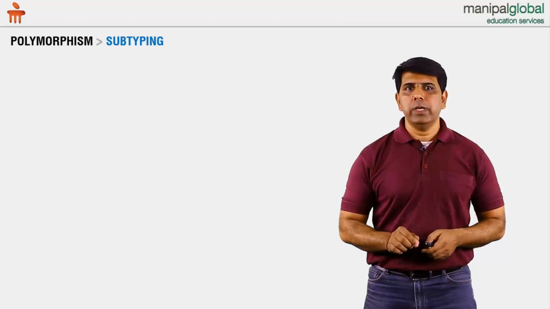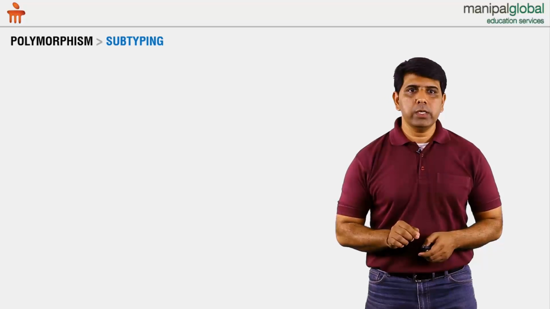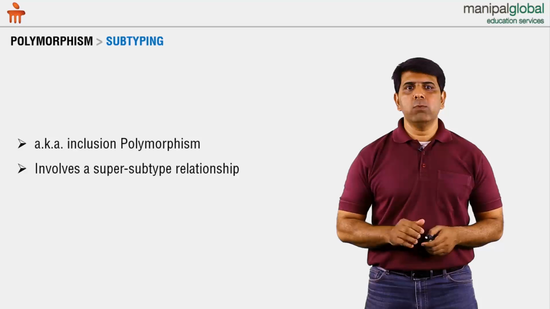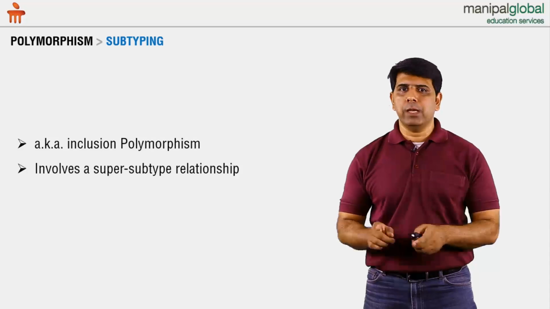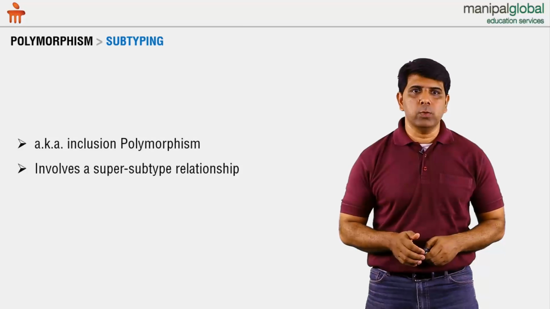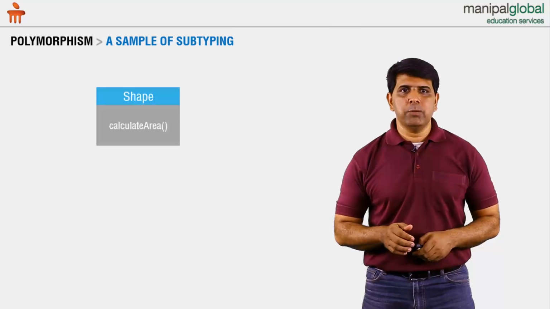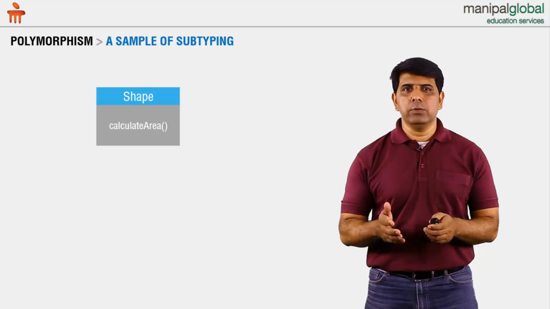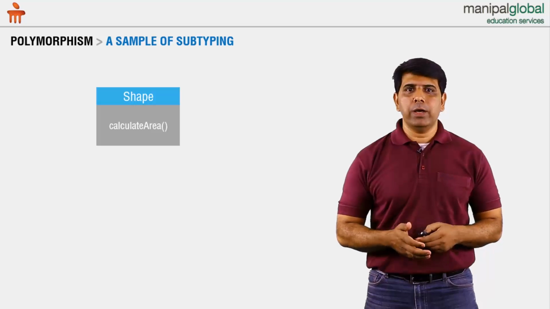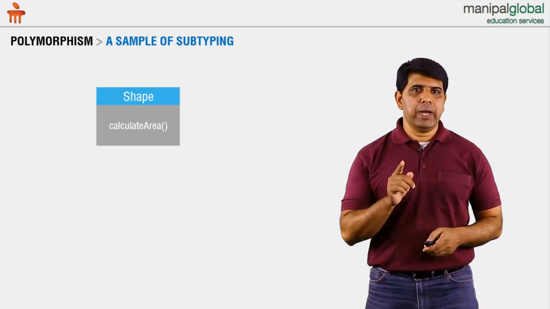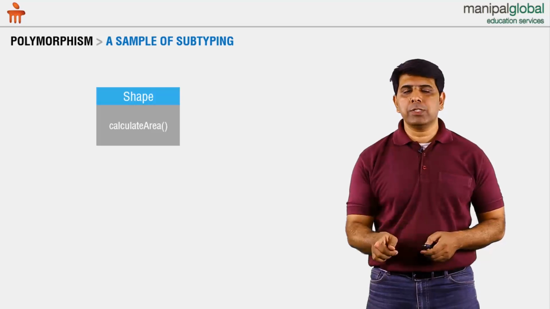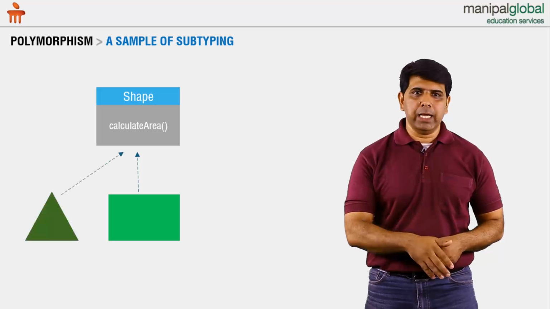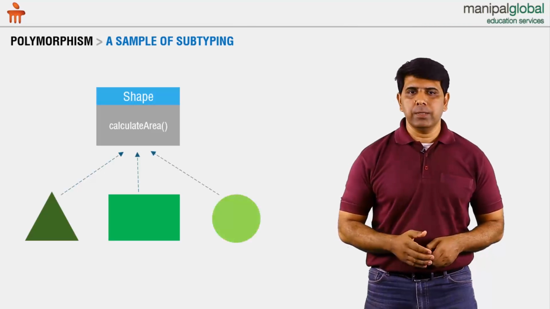The third type is subtyping. Here it's also known as inclusion polymorphism. It involves a supertype-subtype relationship. Without this, it is not going to work. Now as an example, we have shape. If I ask you to picturize a shape, I don't know what you're picturizing, but I'm sure a shape can be realized by using a square or a triangle or a circle.